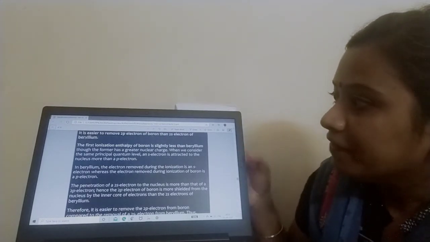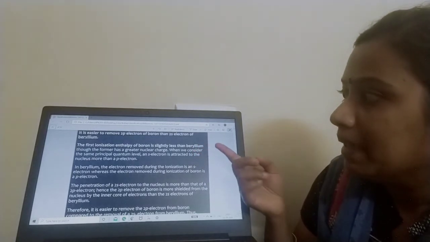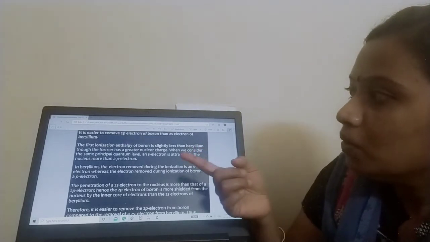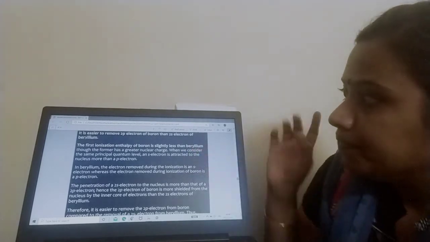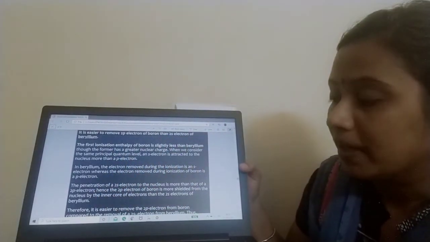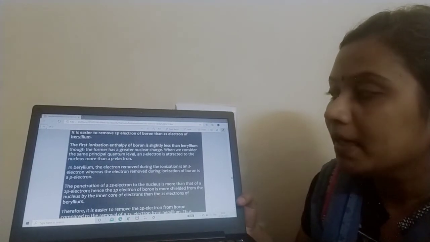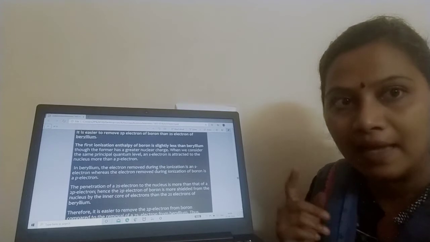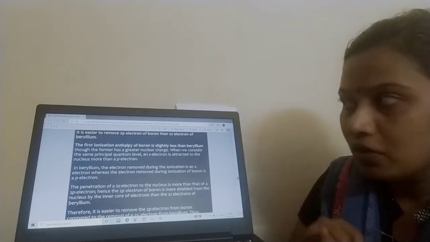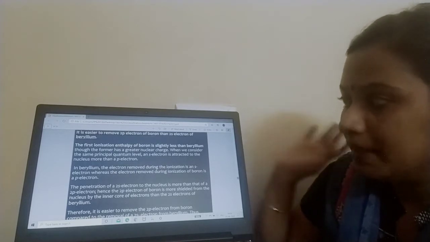The first ionization enthalpy of boron is less than beryllium, though boron has greater nuclear charge. Why is it easy to remove the 2p electron from boron than from beryllium? Because the first ionization enthalpy of boron is less than beryllium.